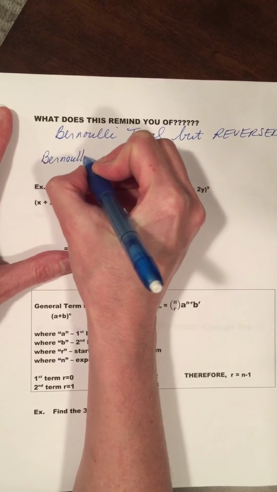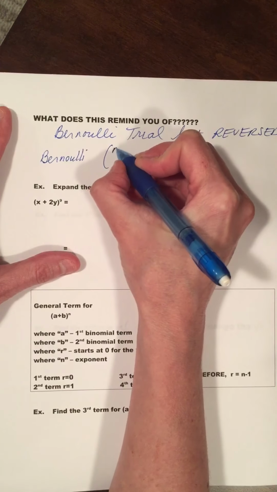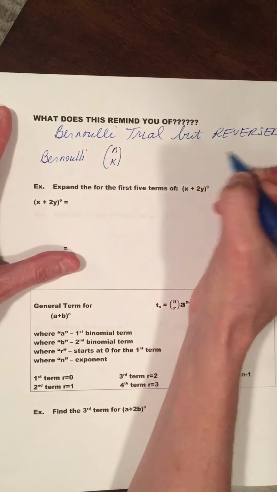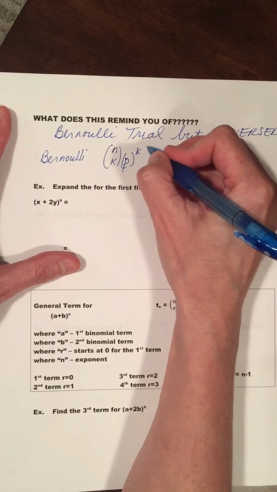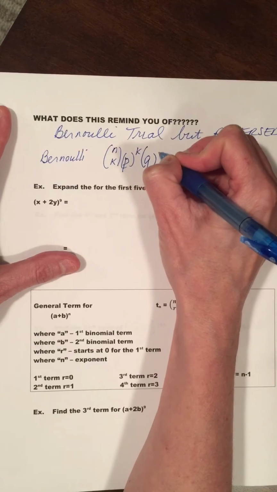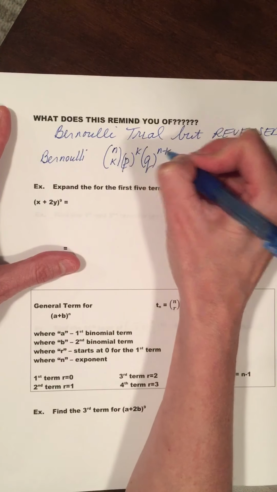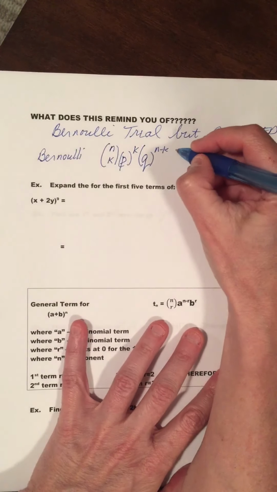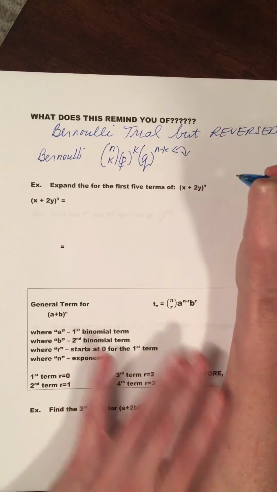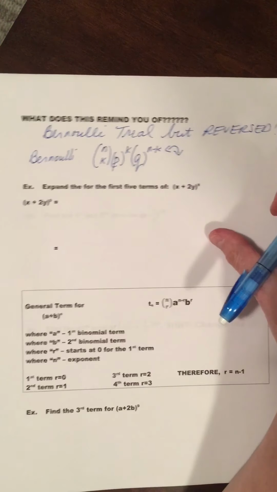Here's the Bernoulli formula. Number of trials choose number of successes, probability of success to the number of successes, probability of failure to the number of failures. That's my Bernoulli formula.